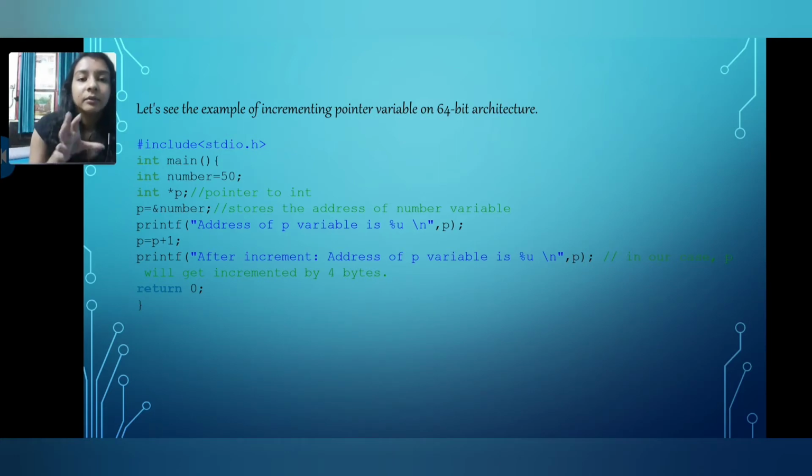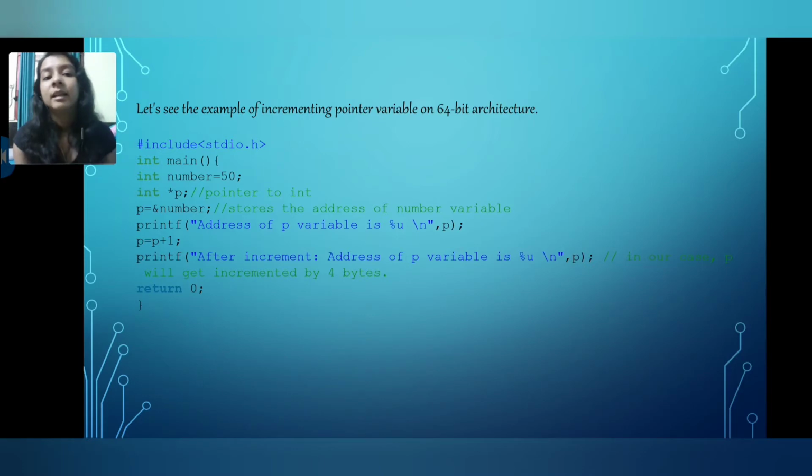Firstly, we see an example of incrementing a pointer in 64-bit architecture, so it will be updated by 4 bytes. Let us see if it happens that way or not. First of all, an integer variable is declared and assigned the value of 50. Then you declare a pointer and make it point to the variable, and then you print the value. The original address is printed first, then the pointer is incremented in the next step.